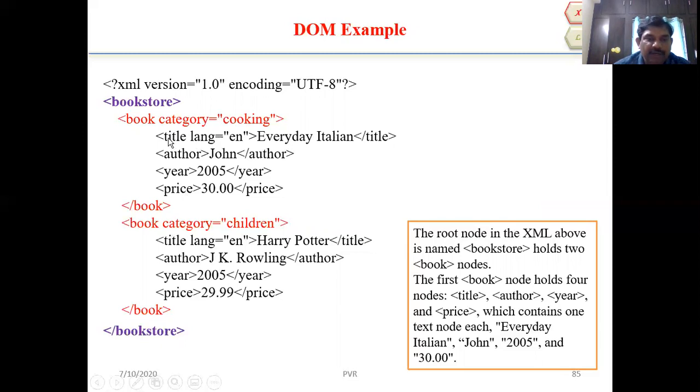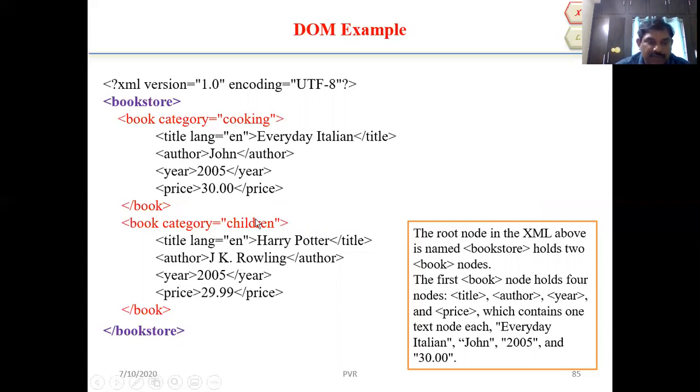Here we write less than title language equal to en, English, Everyday Italian, slash title closed, and author is Giada, closing the ending tag slash author, year 2005 slash year, and price 30 rupees slash price, and close the slash book, and child 1 is completed.